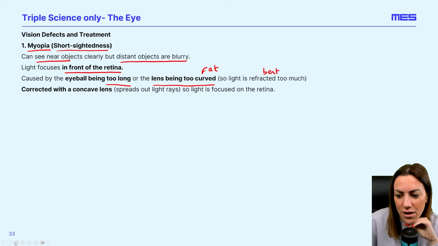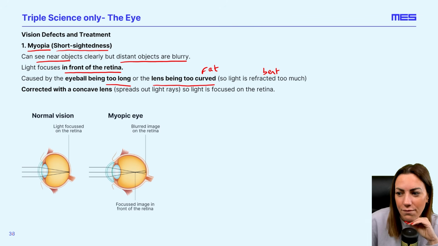Let me show you this on a diagram. So here, this person has normal vision, okay? So their eyeball is the right length, their lens is the right shape, so you can see that the light is being focused as it should be on the retina. Here is someone with myopia, short word, short-sightedness.